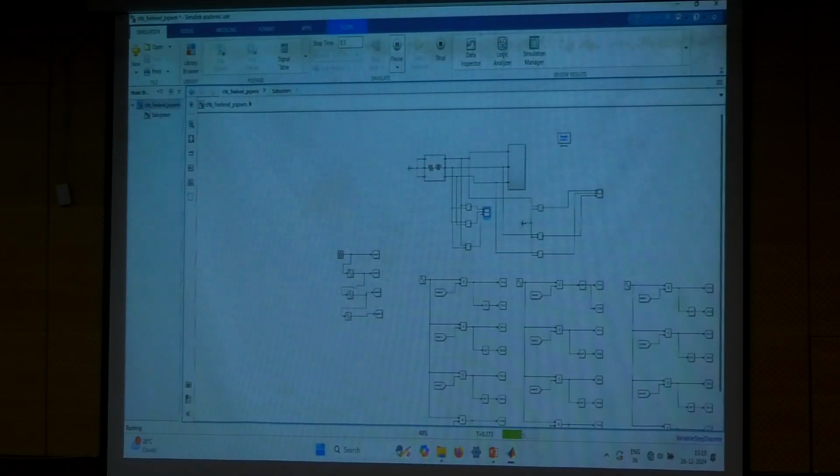So here I selected the carrier frequency as 2000, right? So 2000 divided by 50, that is 40. 40 into 4, you are supposed to get 160, right? And we'll see whether you are getting that or not.